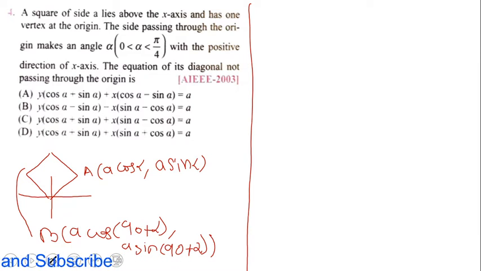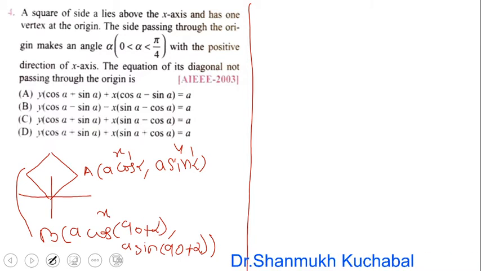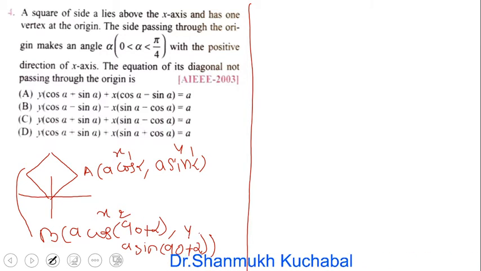So then point A coordinates we take as (x1, y1) and point B coordinates as (x2, y2) here.